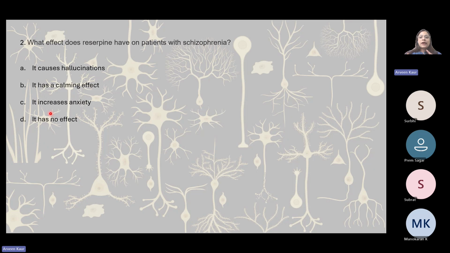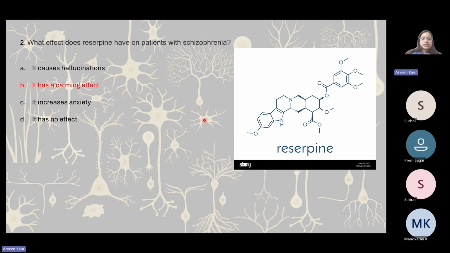It was a natural drug derived from a plant, originally used to treat hypertension. But later it was seen that it also has a calming effect in patients who were undergoing psychotic episodes.